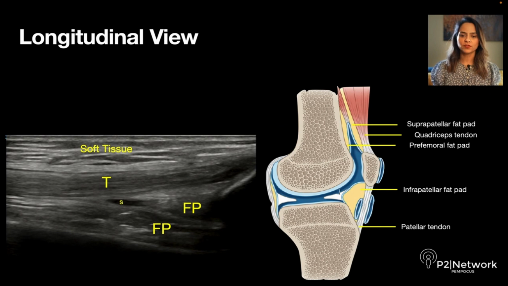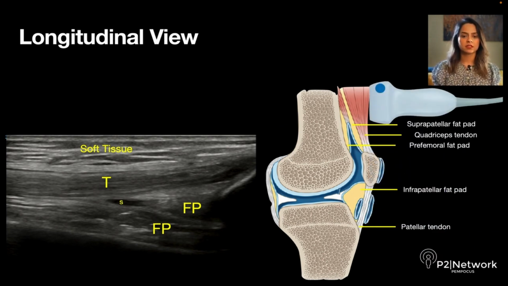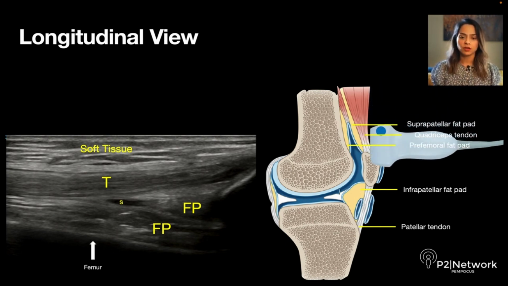For the longitudinal view of the knee joint, the transducer is placed longitudinally over the quadriceps muscle and tendon, in the midline superior to the patella. The indicator of the probe should be pointed towards the patient's head. In this view, the bony cortex of the femur and the patella can be seen as hyperechoic linear structures.